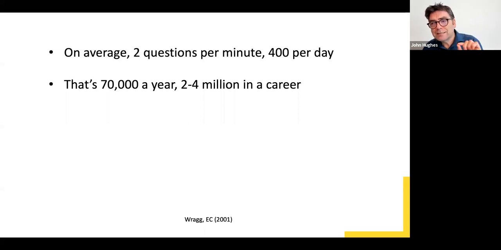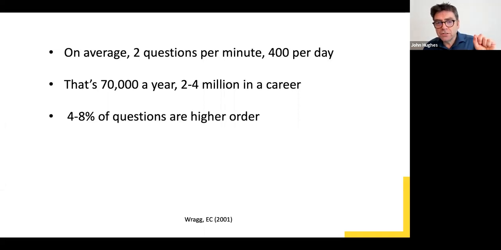But when you listen to the questions that teachers are asking, in one lesson only 4% of them were higher order and 8% in another lesson. So that means that over 90% of those 400 questions per day are lower order thinking questions. They're not about critical thinking, and they're not about creative thinking.